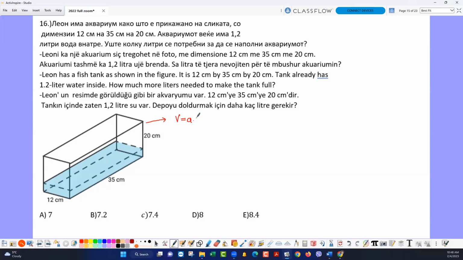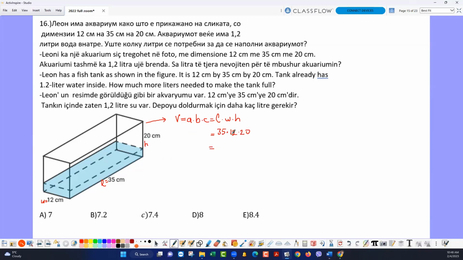The volume of the solid is going to be A times B times C, or length times width times height. Here this is the width, this is the length, and this is the height. So first we calculate the volume: length is 35, I'm sorry, times width 12, times height 20.